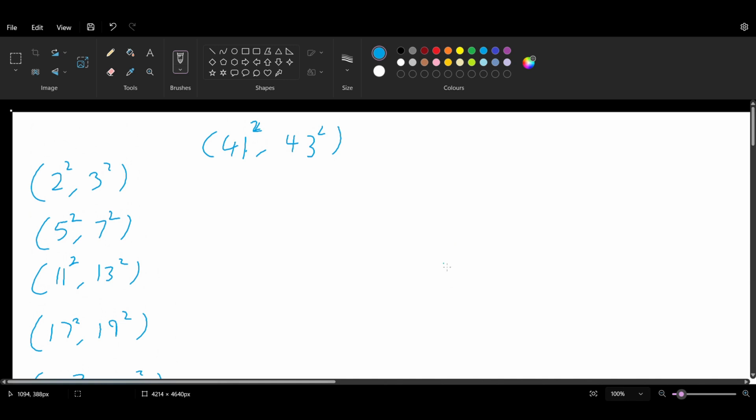Remember, instead of writing 2 squared, 3 squared, we can also write 3 squared, 2 squared. If you count the number of elements in that set, there are 14 of them.